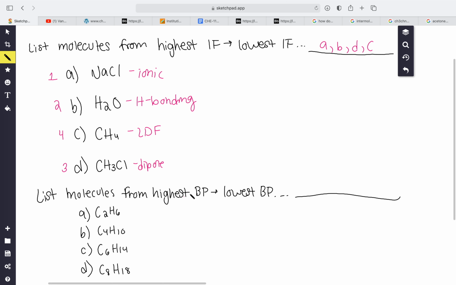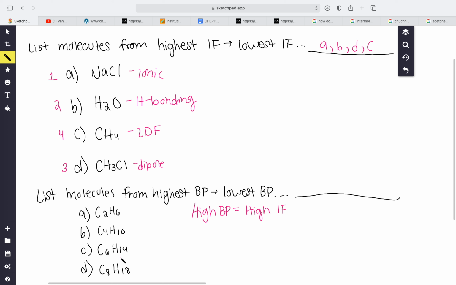Okay, so now we're going to list these molecules from highest boiling point to lowest boiling point. A high boiling point means that it has a high intermolecular force. So let's actually just compare all of these at once, right? These are all the same kind of molecule, they're all hydrocarbons.